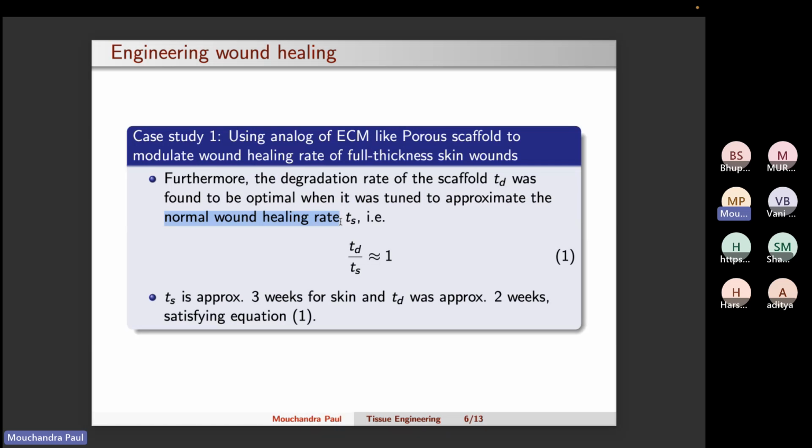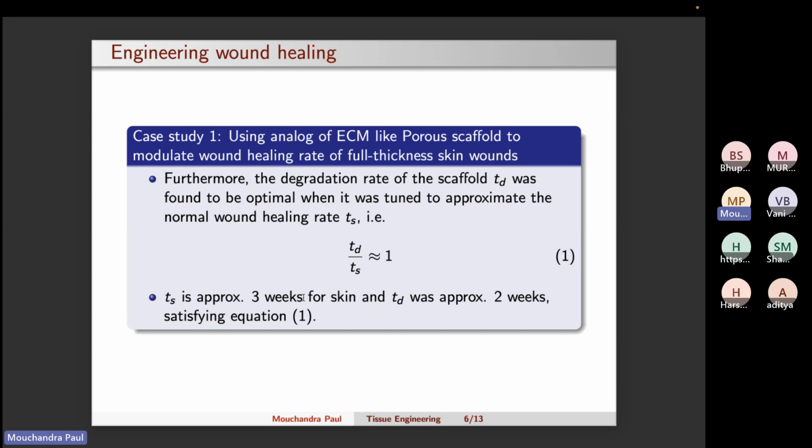The time taken for a scaffold to degrade and the time taken for the normal wound healing process should be approximately equal, or their ratio should be approximately equal to 1. Normally for skin, the normal wound healing time for all three processes to complete is 3 weeks.